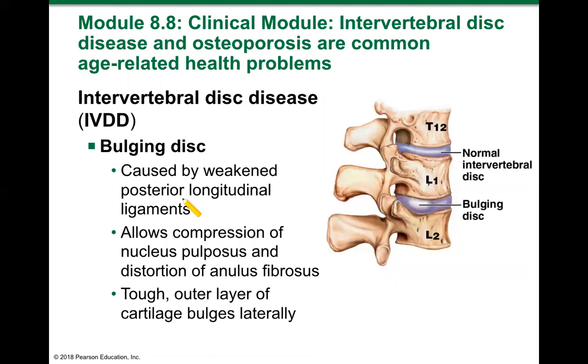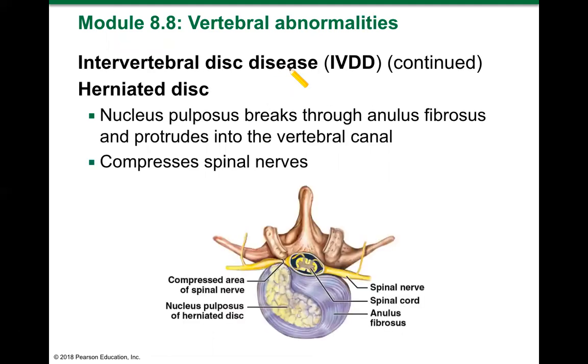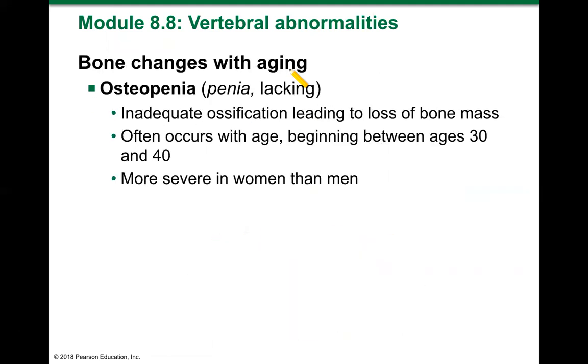Okay, so we're gonna skip to some of the abnormalities, although this is all vertebral abnormalities. The reason I want to talk about osteopenia and osteoporosis is because it involves some of those cells we talked about last week.